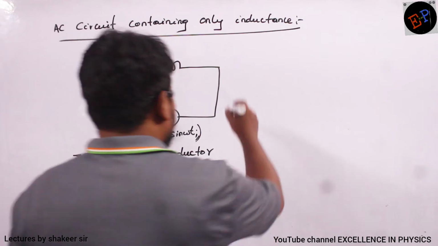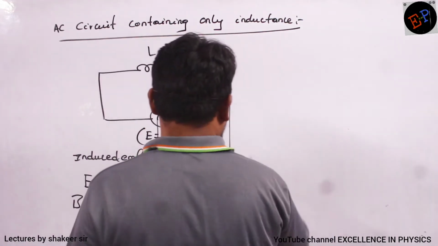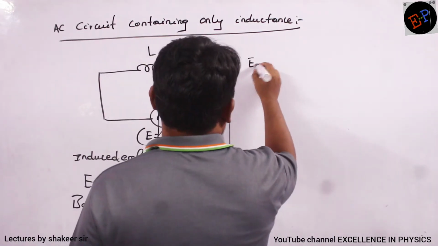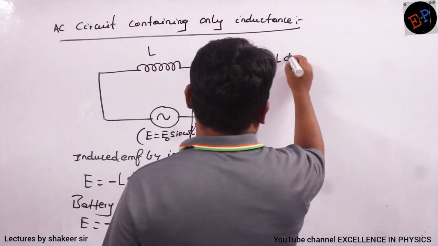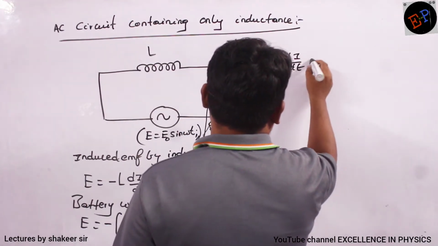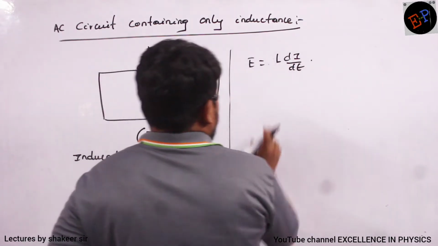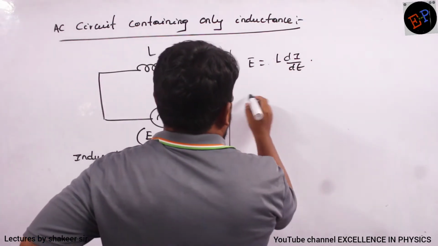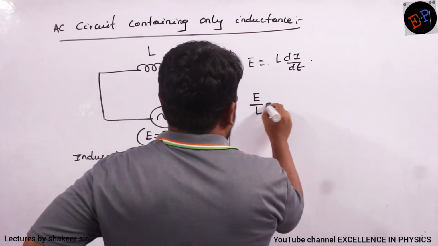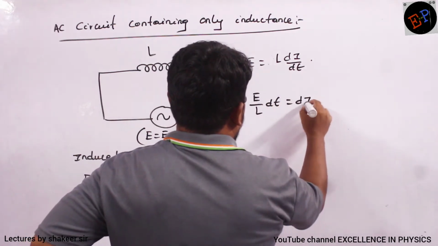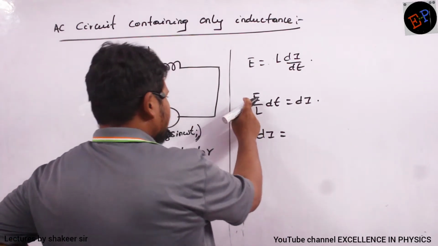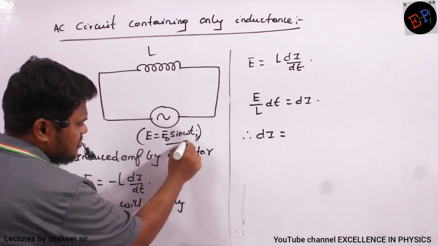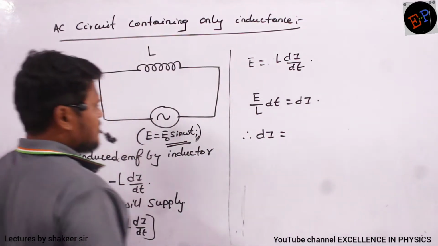Clear? So therefore, what is the final EMF which is developed? E is equals to minus of minus plus L di divided by dt. Clear now? So from this I want equation of current. So E by L dt is equal to di. Therefore di is equals to, E means instantaneous value of EMF, and what is the equation of instantaneous value? E naught sin omega t.